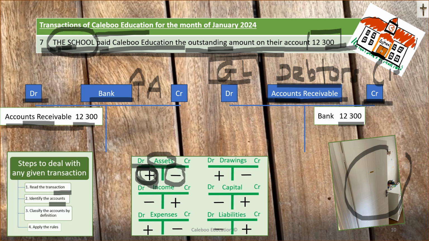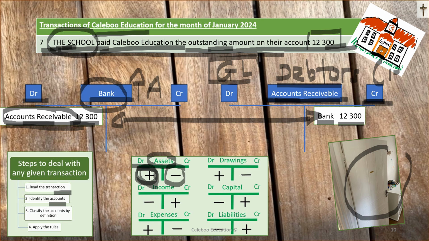Then under details, you've got the contra accounts of the transaction, which links these two accounts. If I looked at the bank account only and I wanted to see the other entry of this transaction, I know I can go to the accounts receivable account and I will see it was credited.